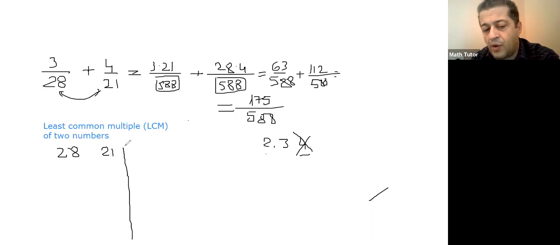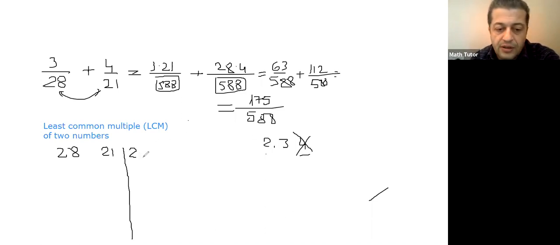The number 1 is not counted in the list of prime numbers because it has only one divisor, only itself. It doesn't have two divisors, one and itself. So we start with 2.